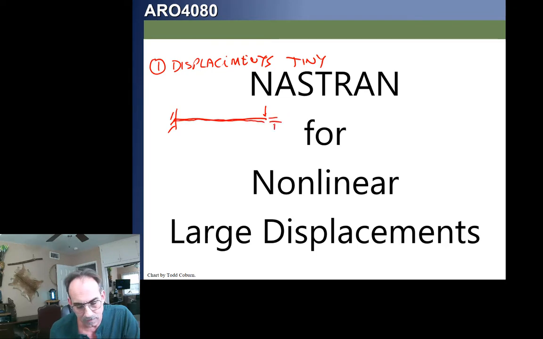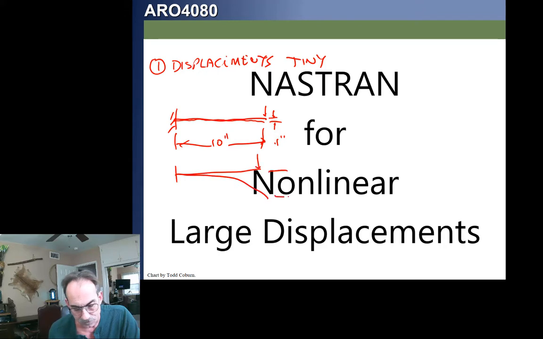This number is really small on a 10-inch beam, and this is just a wild number out of the air, maybe 1/10 of an inch. If we have a 10-inch long beam and it actually deflects 2 or 3 inches, that's large displacement. In fact, if it displaces a 1/2 inch, that might be large displacement.